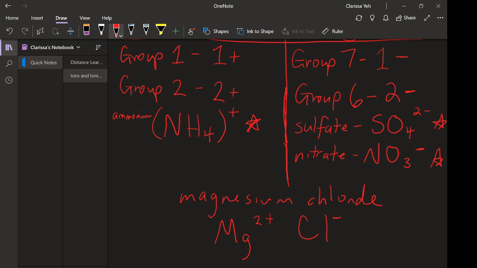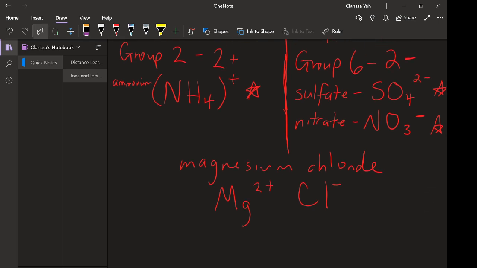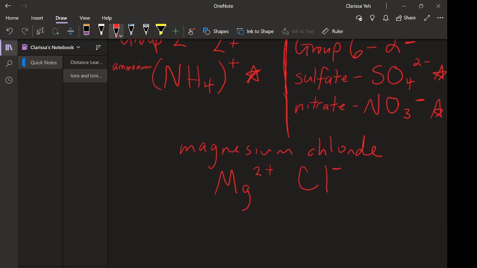When things form together in an ionic bond, the overall charges are going to have to balance each other out. So my magnesium has a 2+ charge. My Cl has a 1- charge. That means in order to have these balance, I need 2 Cl- in order to balance out the 2 positives. So my overall compound is MgCl2.